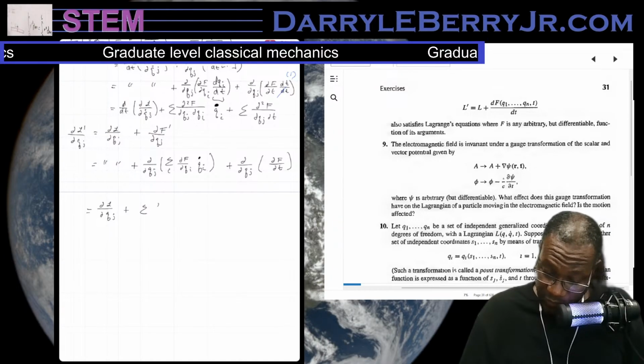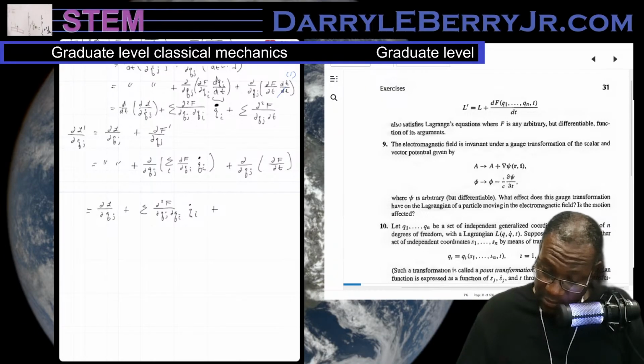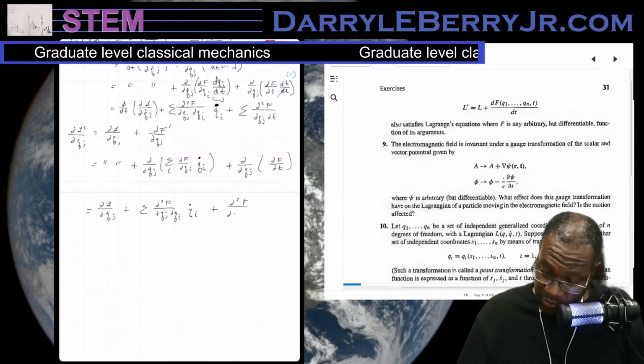Sum of partial squared f over partial q_j partial q_i, q dot i, plus partial squared f over partial q_j partial t.